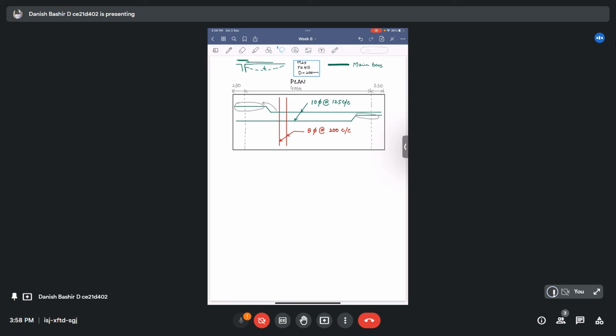Okay, now we have to show it here as well. This main bar, and this as distribution bars.